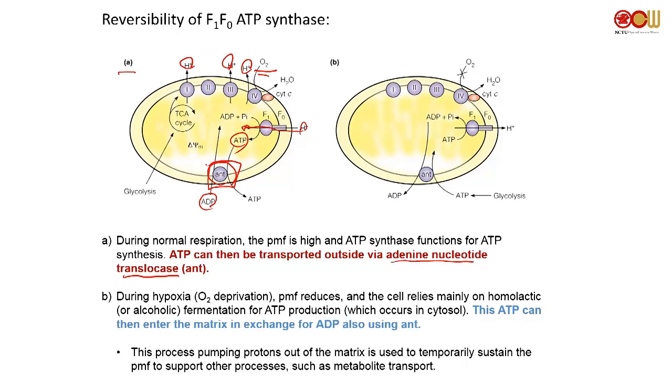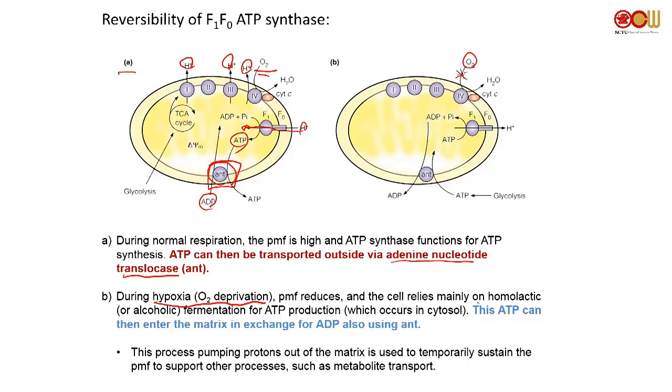Now, in the absence of O2, during hypoxia, for example when you're exercising intensively, your cells are temporarily short on O2. You do have a reduction of the proton motive force, because if you don't have O2, you don't have your proton gradient generation.